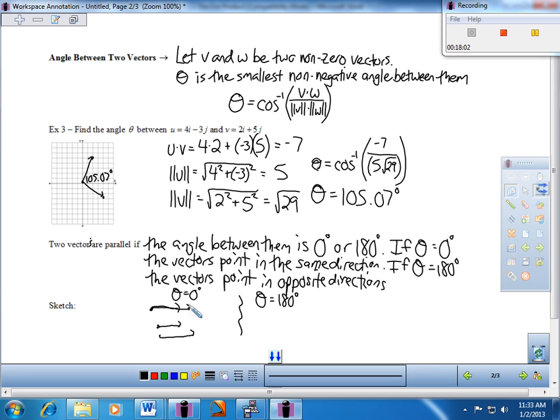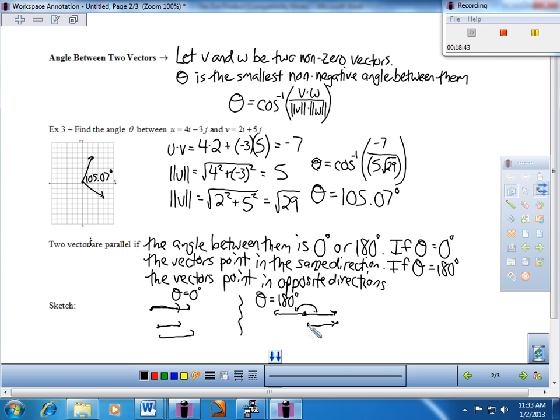Same thing on this one. Let's do the 180. This would be opposite directions, so something like this on this end and this on this end. There's 180 degrees between the two vectors, again having the same initial point. And again, you're saying to yourself, those aren't parallel because they're touching at the initial point. But again, that part is arbitrary.